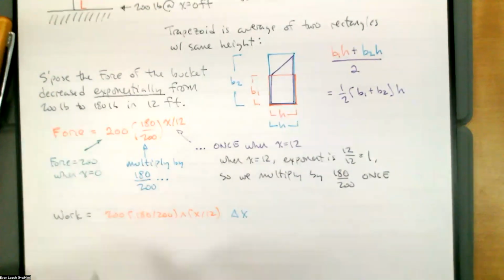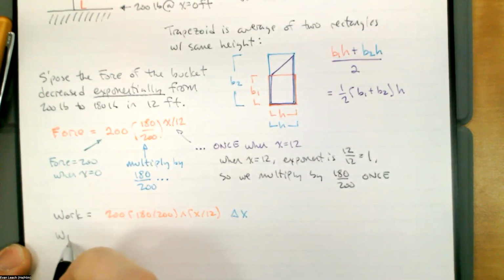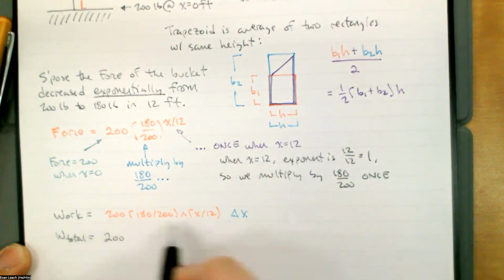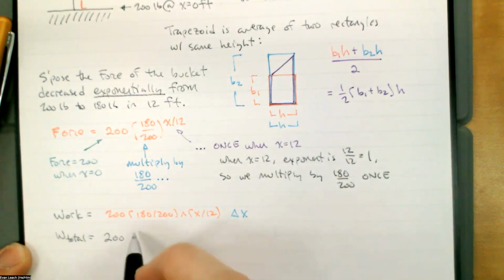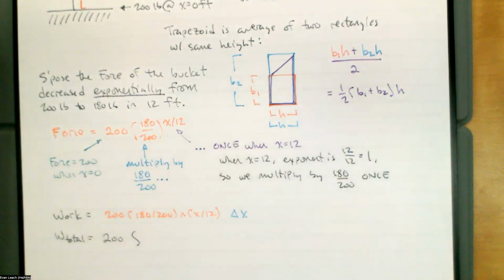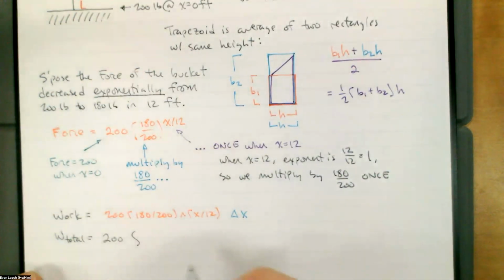So our total work, I can factor out this 200 because it's a constant factor. We're going to integrate this function, 180 over 200, so that's going to be 0.9.